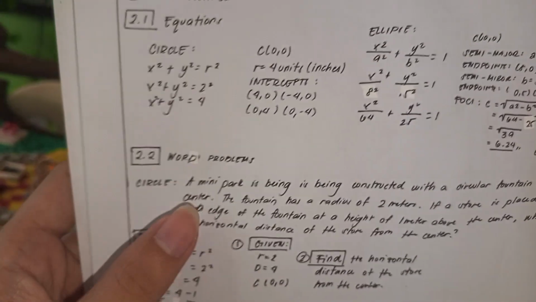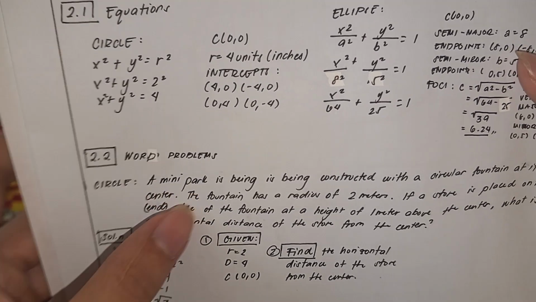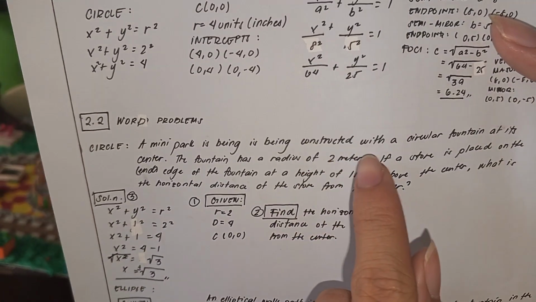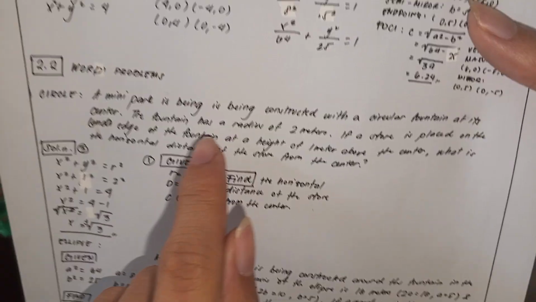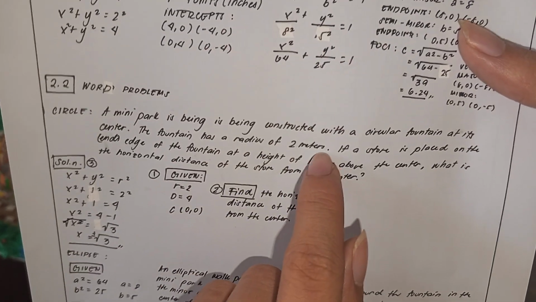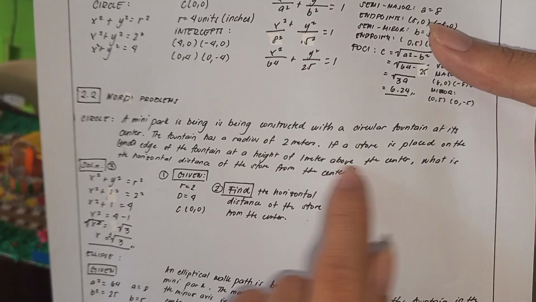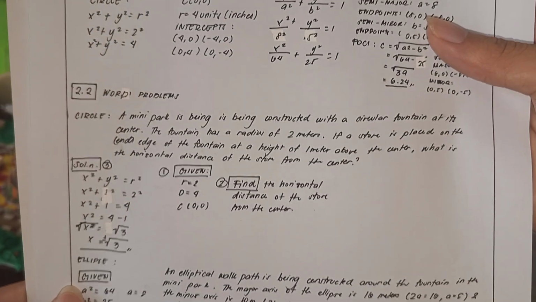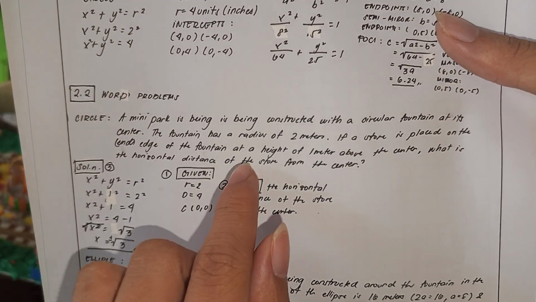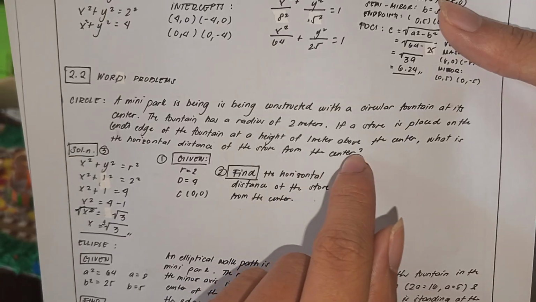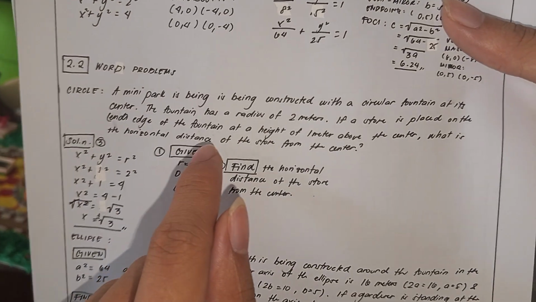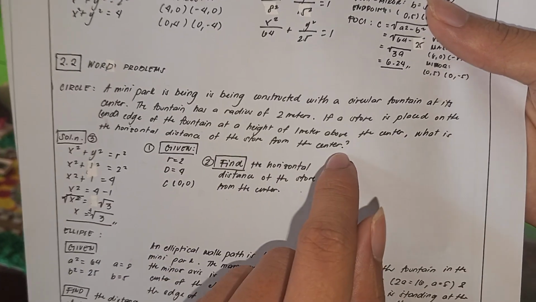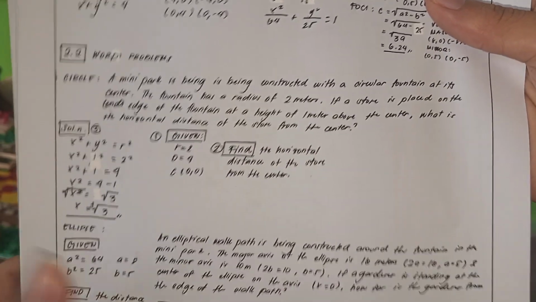For the circle, we have: a mini park is being constructed with a circular fountain at its center. The fountain has a radius of 2 meters. If a store is placed on the edge of the fountain at a height of 1 meter above the center, what is the horizontal distance of the store from the center?